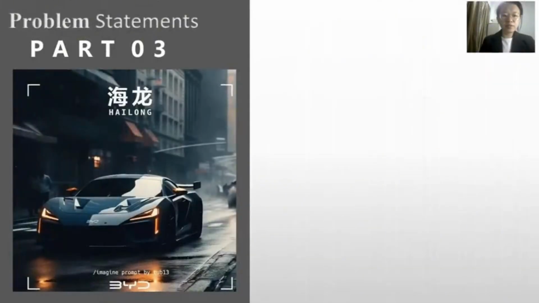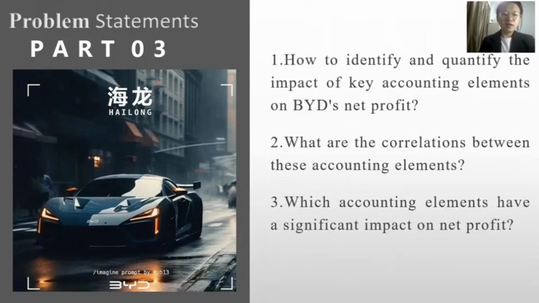Part 3. Problem statements. I will introduce the core issues that this study focuses on, which are how to identify and quantify the impact of key accounting elements on BRD's net profit, what are the correlations between these accounting elements, and which accounting elements have a significant impact on net profit.